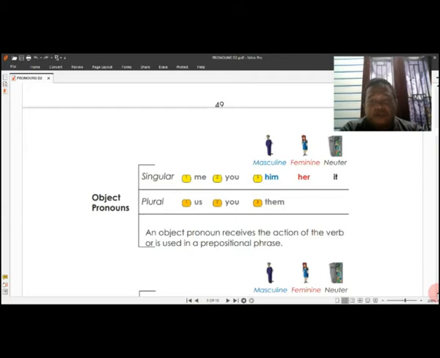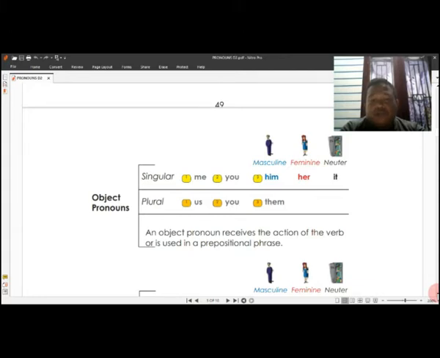It never is placed in front of the sentence. If it is placed in front of the sentence, then it will become a subject pronoun, not an object pronoun. But if the pronoun is placed after the verb, it becomes the object pronoun.